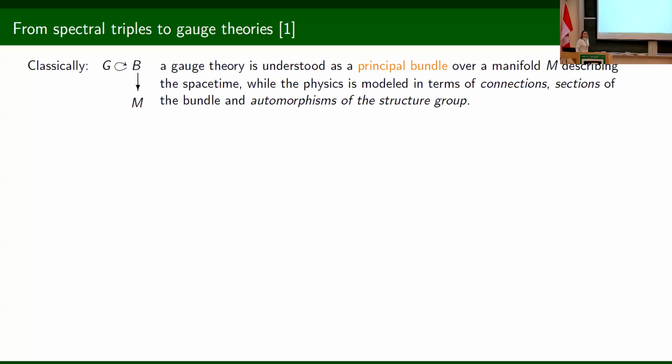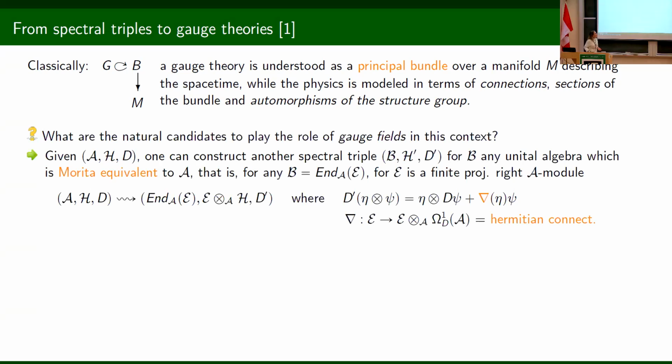But okay, where does noncommutative geometry come into the picture? As I told you, my idea of gauge theory is really reduced to the basics, because for many people, when you speak about gauge theory, you're speaking about principal bundles. But when you consider spectral triples, so you have your algebra, your Hilbert space, your operator D, one can actually think about inducing gauge theory in this more generalized meaning.